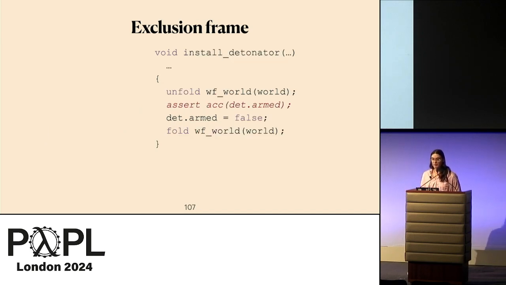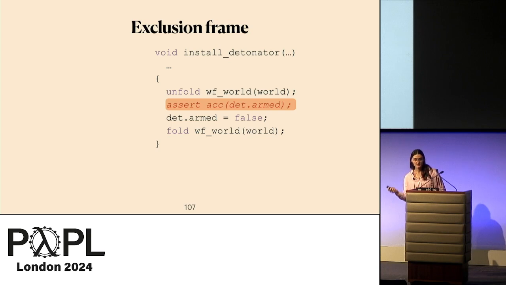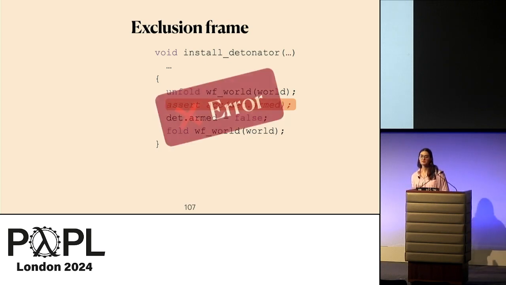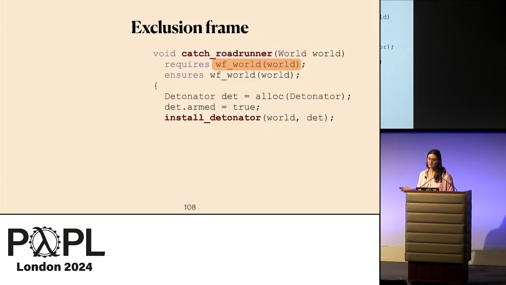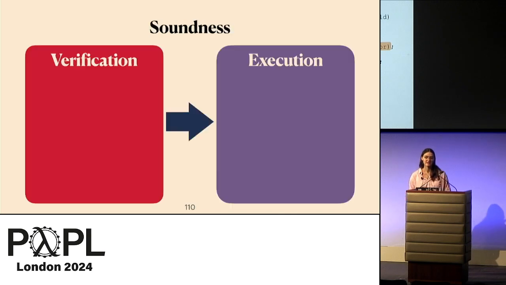So now whenever we execute it, it won't be able to assert this runtime check, and it will show an error. This reflects the fact that this predicate is at a point before the detonator is allocated, and therefore, if we have that assumption, the specifications and assumptions are somehow inconsistent.